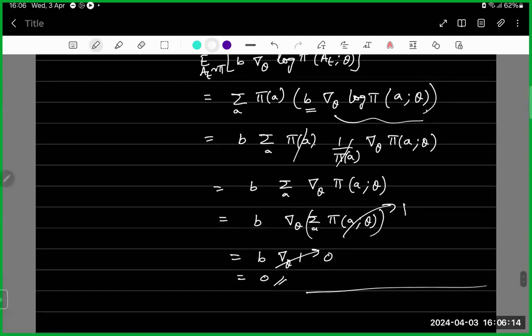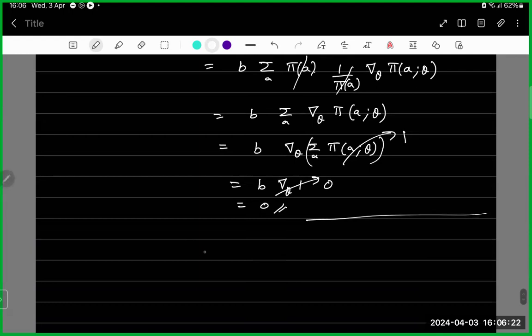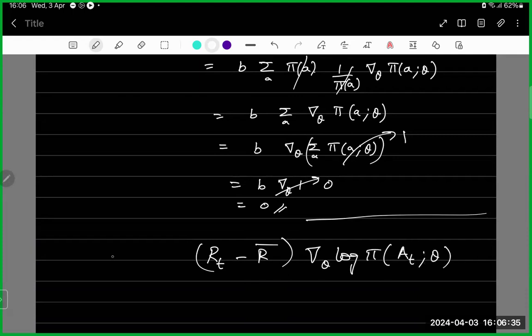So generally, a typical baseline that is used while updating is, you just use RT minus R bar into the gradient term.